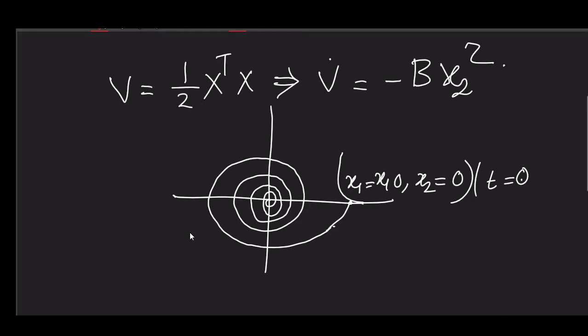And at all these points of intersection, including this one also, you will find that x2 is equal to 0, but x2 is not identically equal to 0.